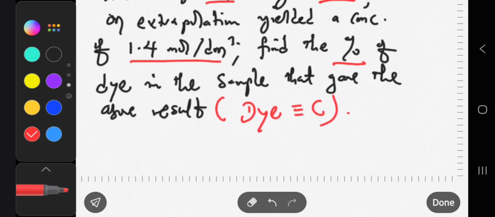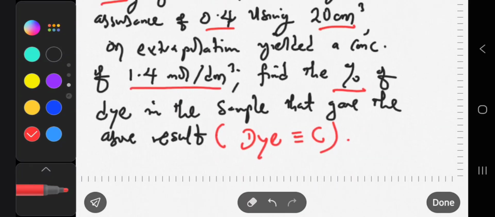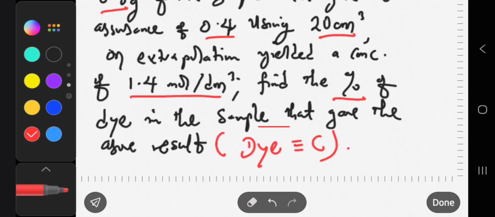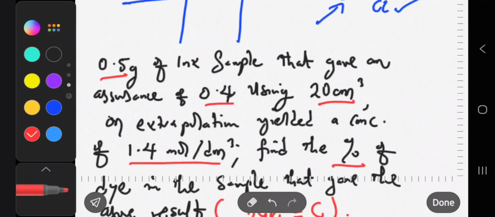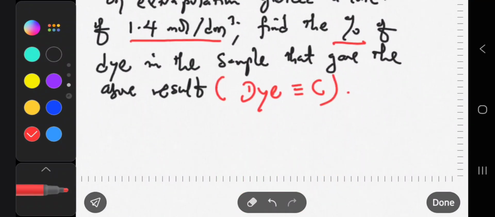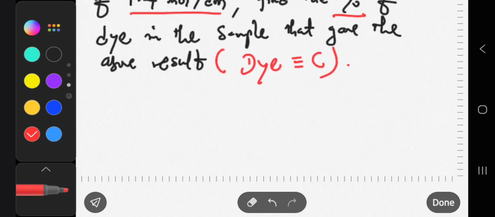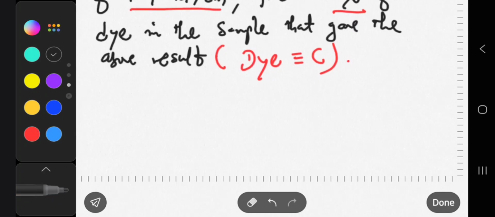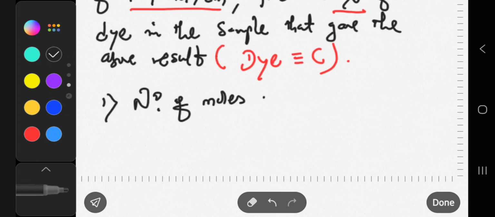So how would you calculate the percentage of the dye, which is typically carbon, in the sample, which is the ink? If you want to do such a calculation, you would want to find first the number of moles of the dye which contains carbon.